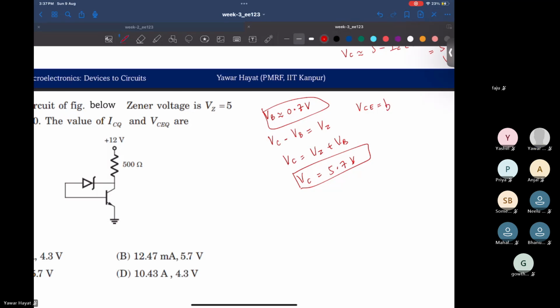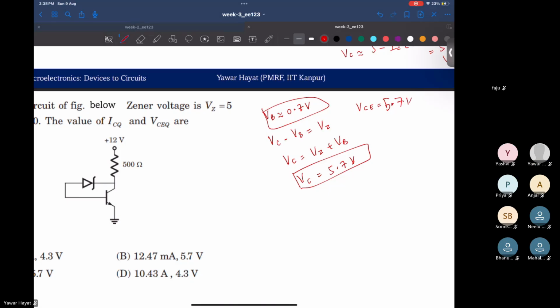This is 5.7 volt. So we can, in fact, then compute the current through the 500 ohm resistor, right? How much would that be? Since we know this one right now. VC we know, this we know, this we know. We can find the current.